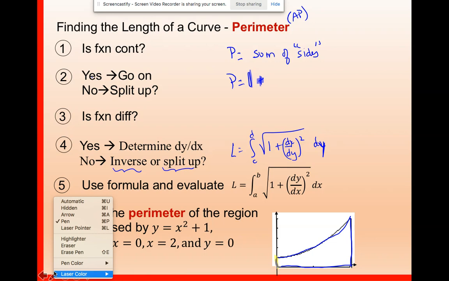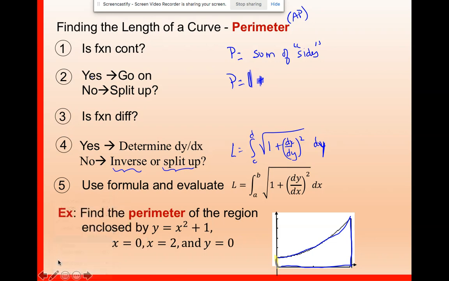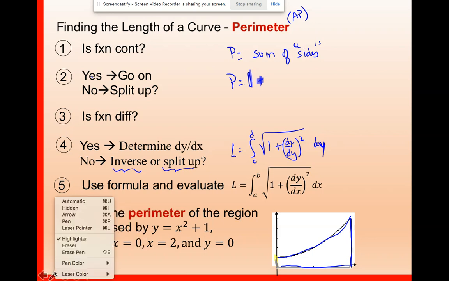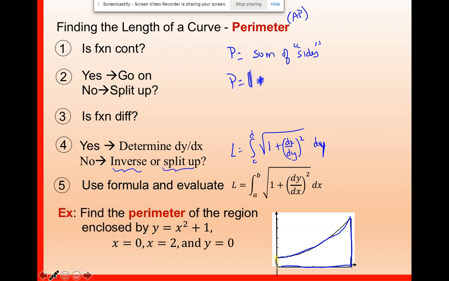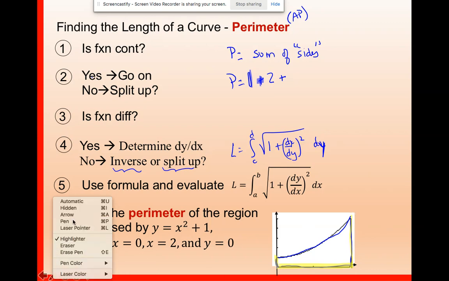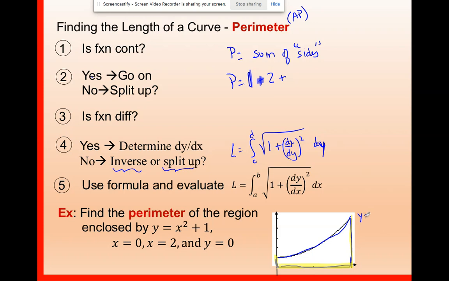How about the bottom? How long is that? How about the right side? How high is this? Well, when x equals 2, y is equal to 2 squared plus 1. So y is equal to 5.